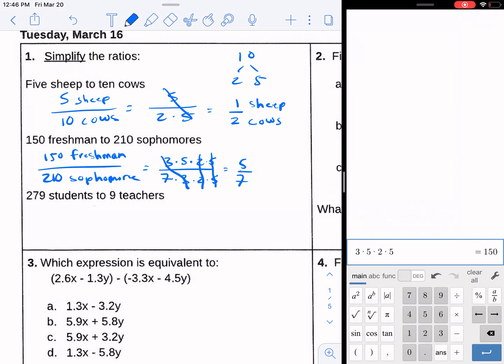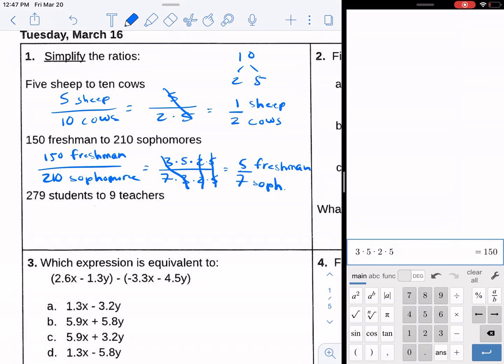But remember, the numerator, that's 5. 5 what? Well, it's 5 freshmen. And the denominator, well, that's 7. 7 sophomores. I'm just going to put soph and fresh. So the simplified ratio is 5 to 7.